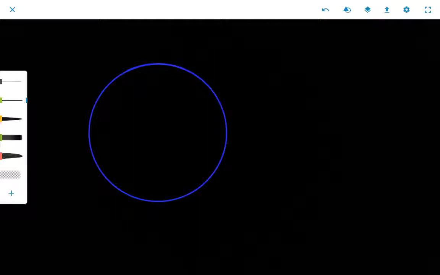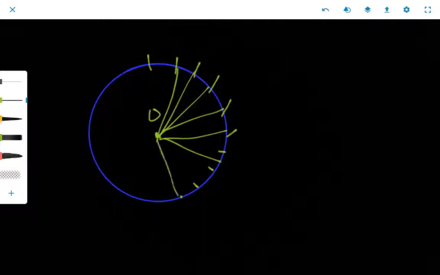So if there is a center here, let's say this is the center O. If you see here, all such points on this circle are equidistant, meaning they are all of the same length.